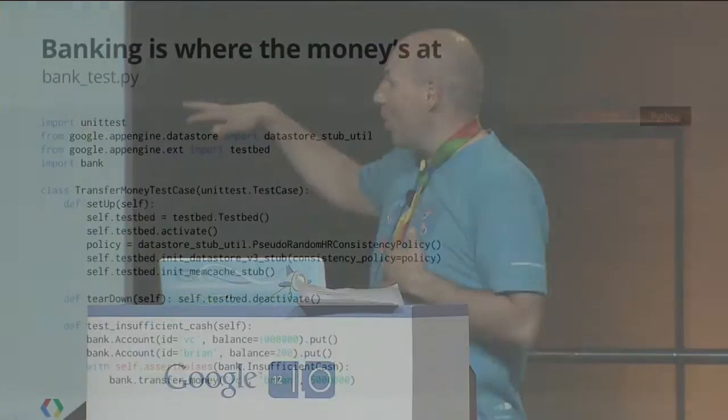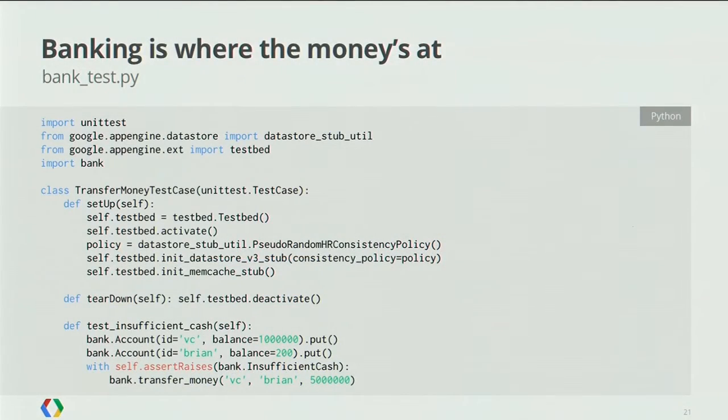So you don't have to do complicated mocking. Let me skip over basically all of the imports, the setup, and teardown. This is boilerplate that you can get just by looking at the Testbed documentation. And let's look at this test insufficient cash.